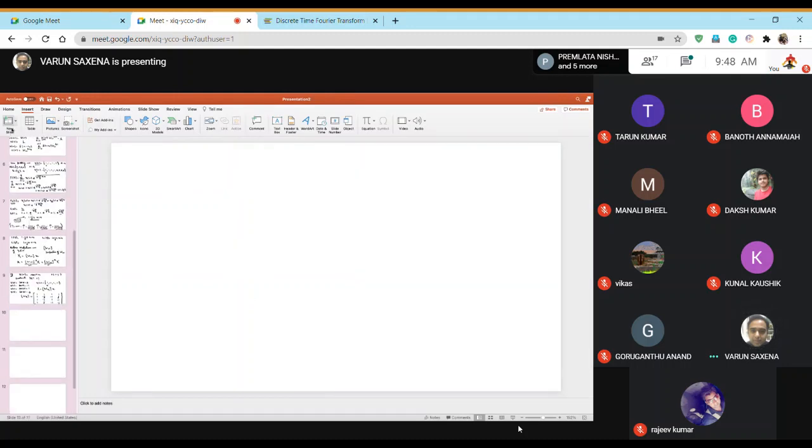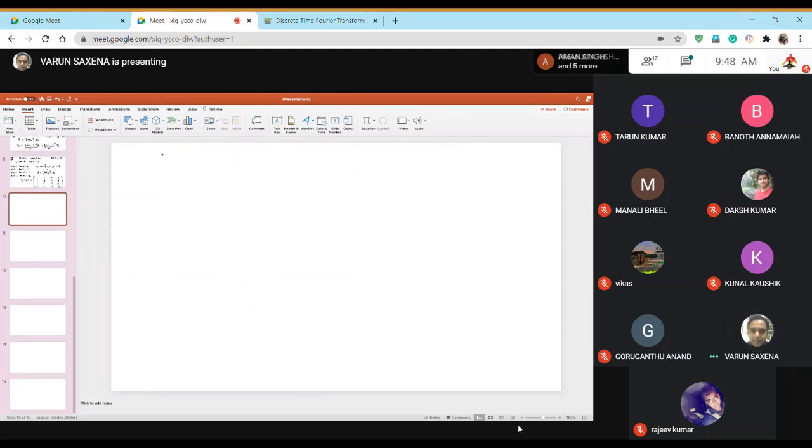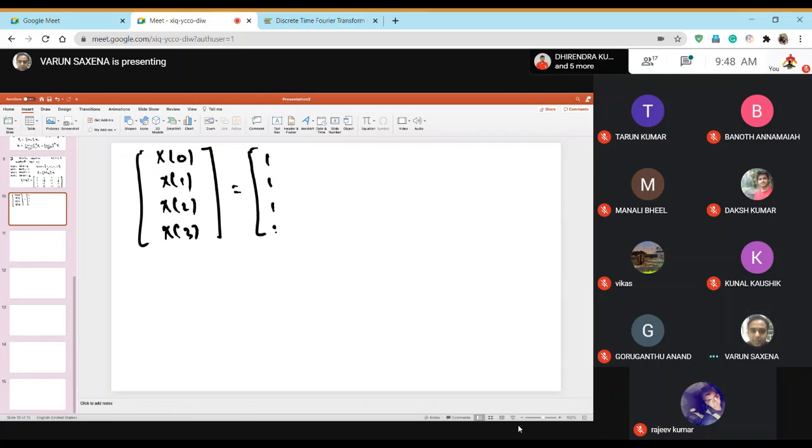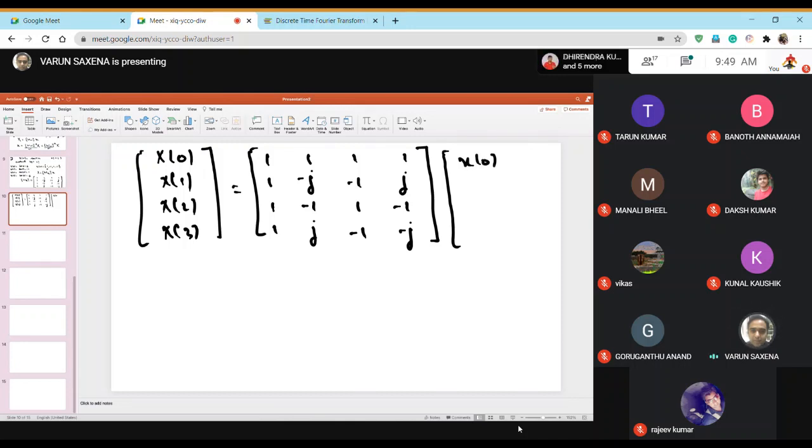Okay, now I want you to give me an answer to this question. You have capital X0, X1, X2, X3 on this side, and here you have the matrix with rows 1, 1, 1, 1; 1, minus J, minus 1, J; 1, minus 1, 1, minus 1; 1, J, minus 1, minus J. And on this side you have x0, x1, x2, and x3.